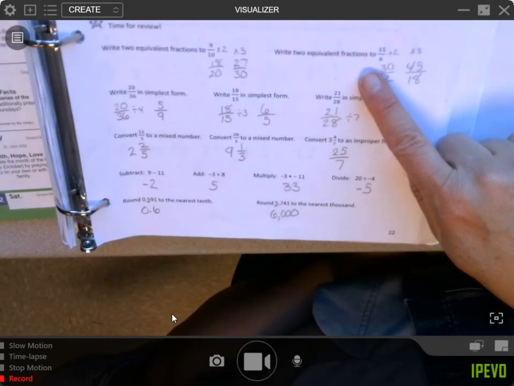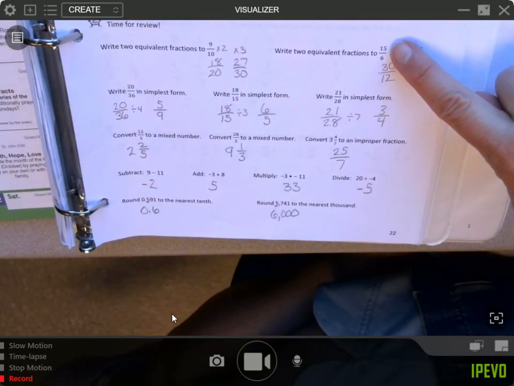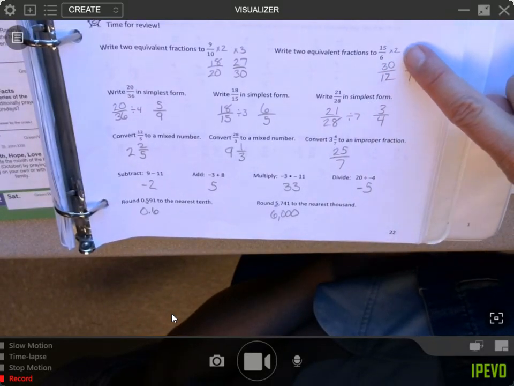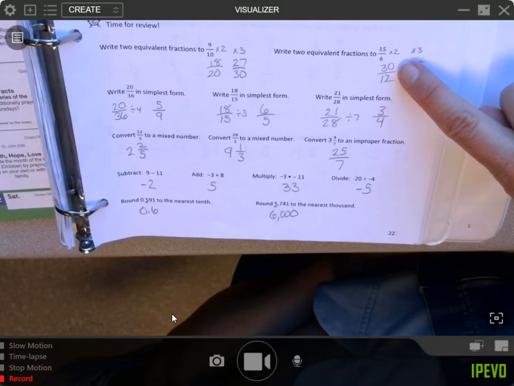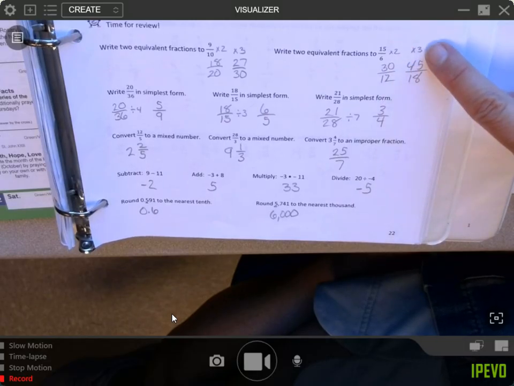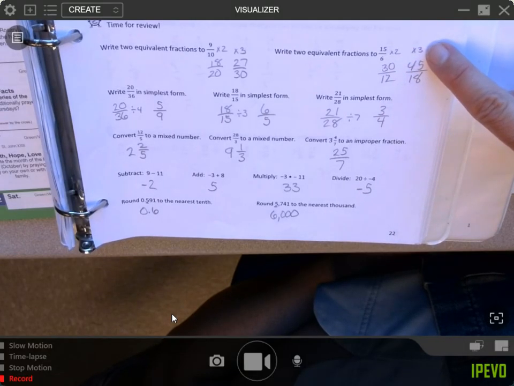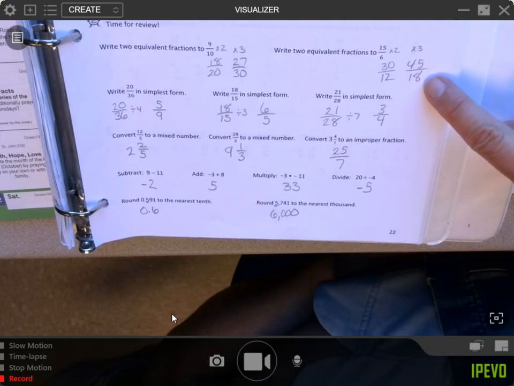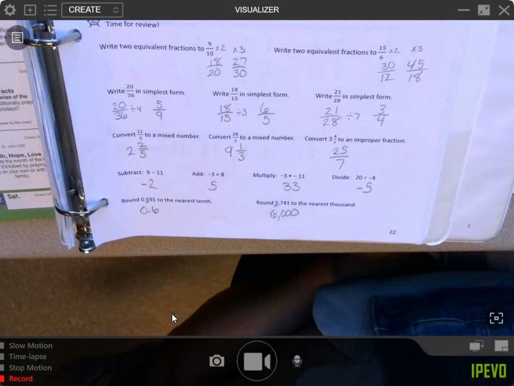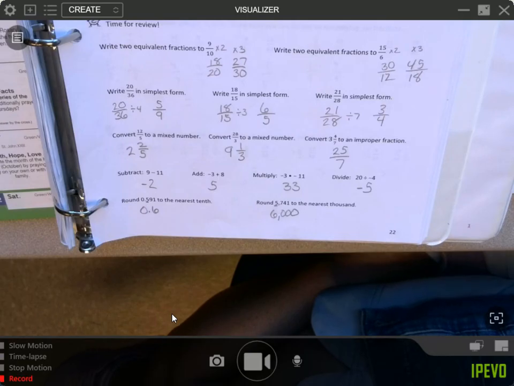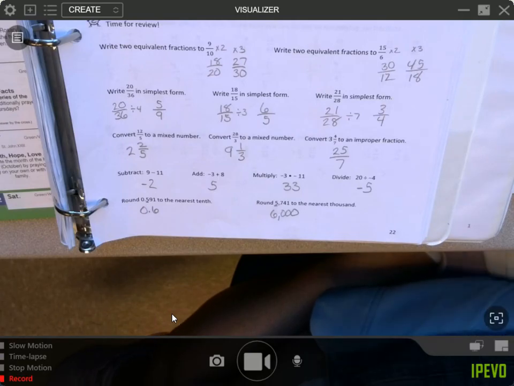Next one, another 2 equivalent fractions, 15 over 6. I multiplied by 2 and got 30 over 12. I multiplied by the scale factor of 3 and got 45 over 18. I could have divided by 3 and gotten 5 over 2. Remember, you can simplify down, you can multiply up as long as you're doing the same thing to the numerator and denominator.